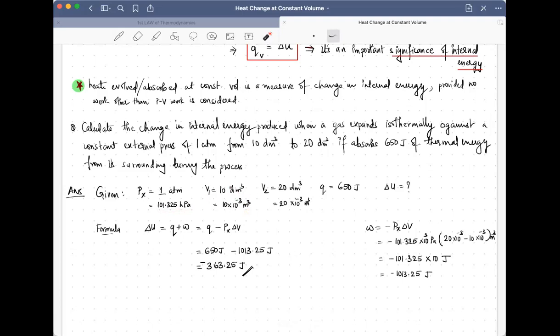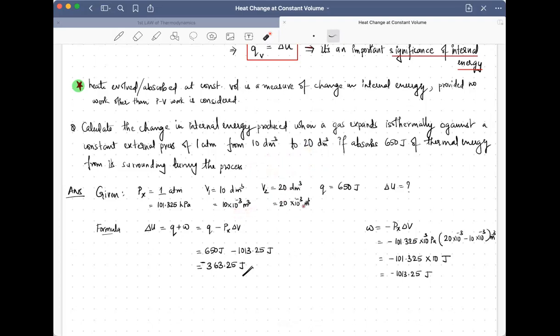Deci means 10 to the power of -1, so 1 decimeter is equal to 10 to the power of -1 meter. Decimeter cube means this cube, so it should be 10 into 10 to the power of -3 meter cube.